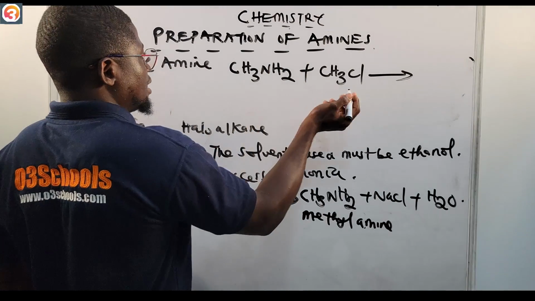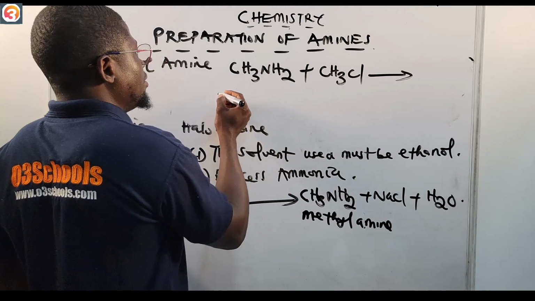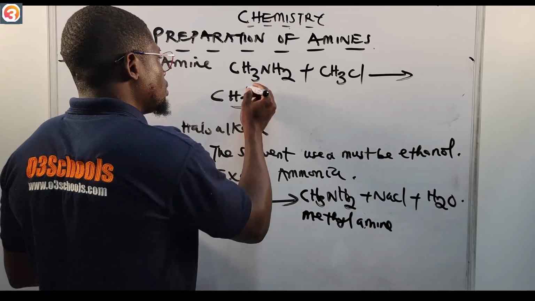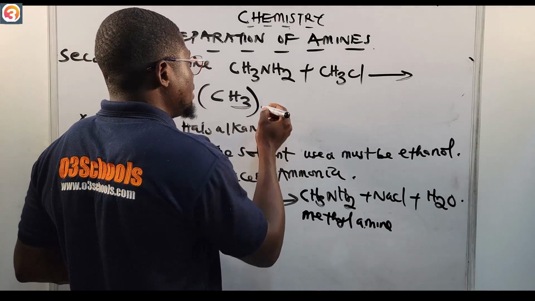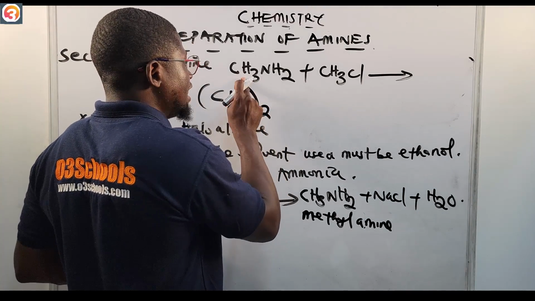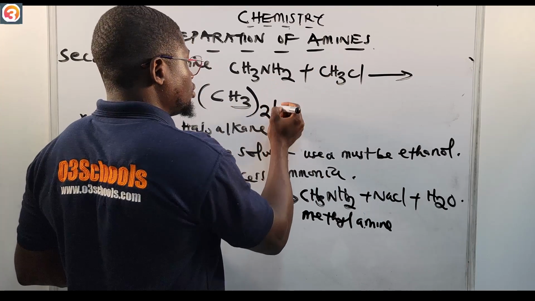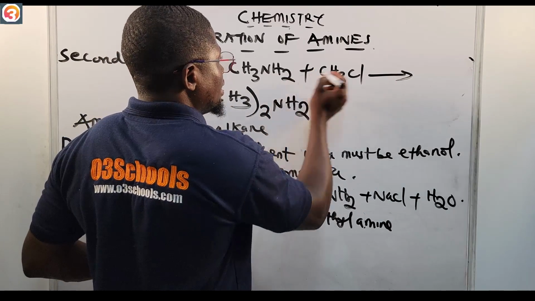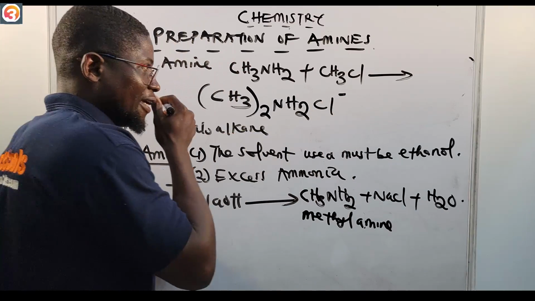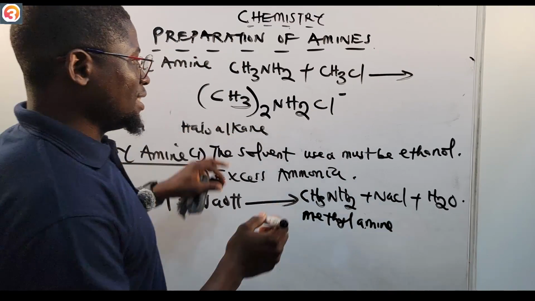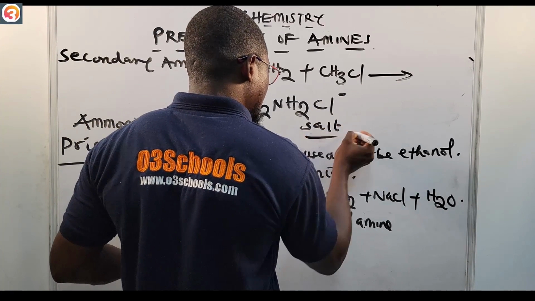Then we're going to have CH3 into brackets 2, because I have CH3 here, CH3Cl. So CH3 into bracket 2, then NH2, then Cl. So this will now be our product, the new salt that is formed.